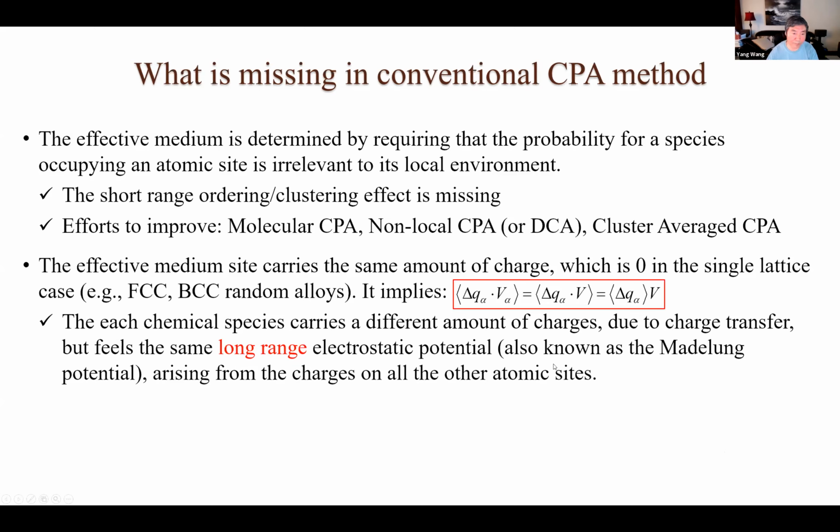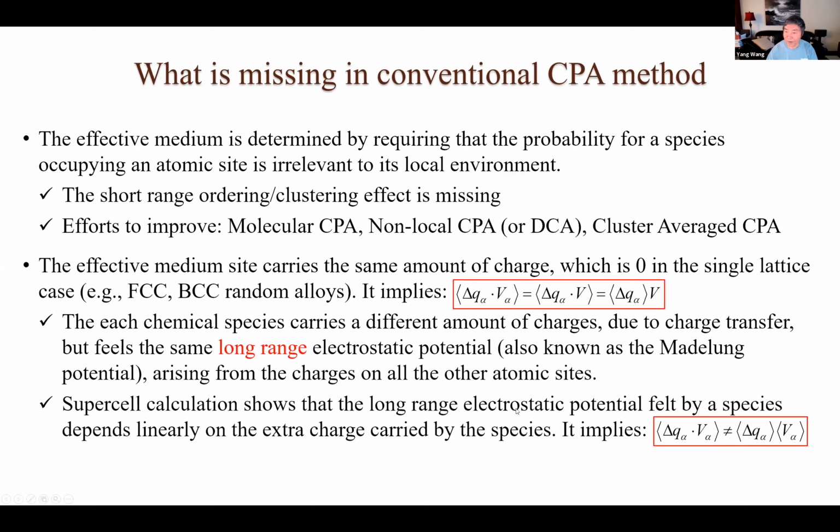That's the long-range Coulomb potential. But if you do a supercell calculation, you find that's not the case. For a supercell calculation, you can calculate the charge on each atom, and you can calculate the long-range Coulomb potential on each atom. What you see is that they're linearly dependent on one another.